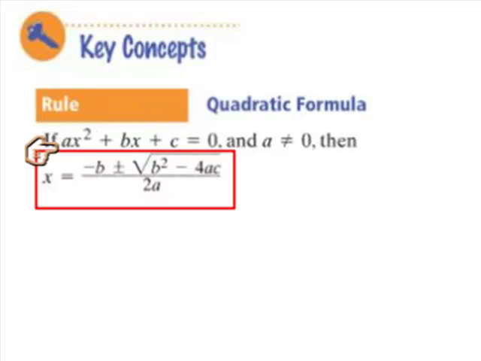So if you want to get the direct answer to this, I mean the factors of this quadratic equation, then you can use this formula: x equals minus b, where b is the coefficient of x, plus minus under root b squared minus 4ac, over 2a.